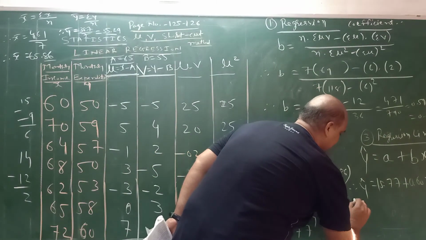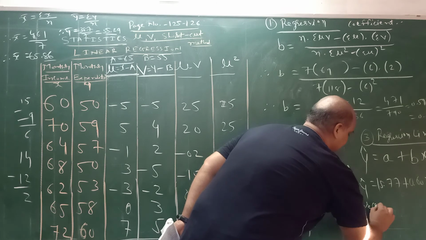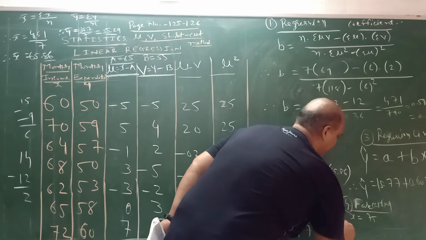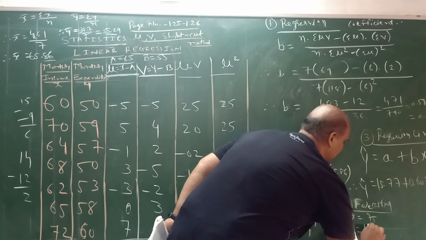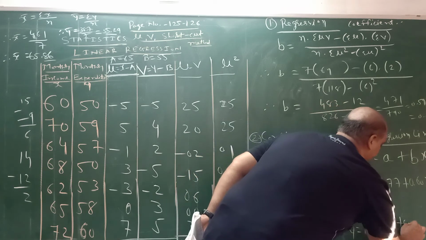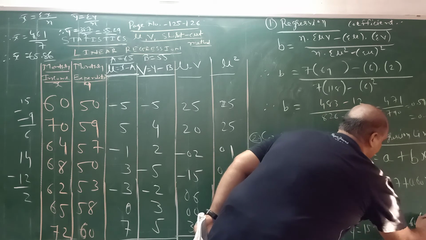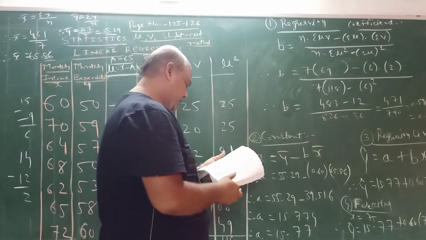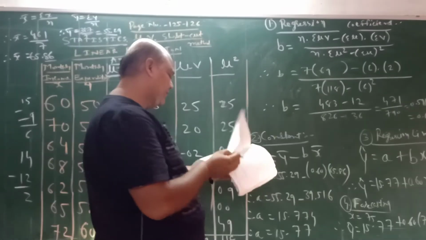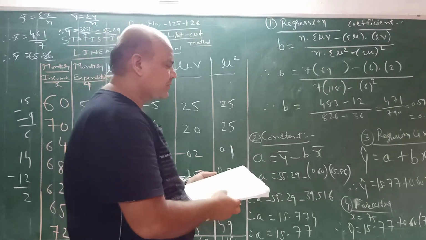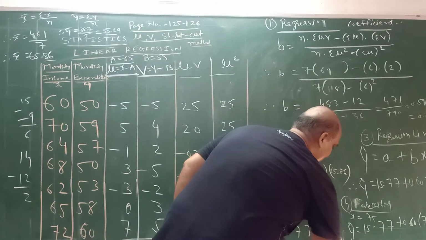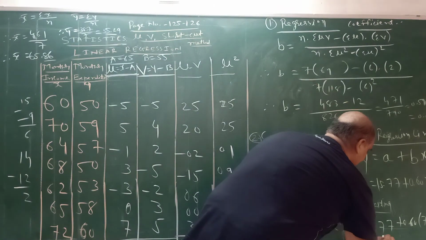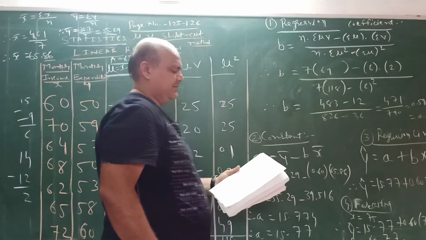My dear friends, our fourth step is forecasting, when x is 75. We have to put the value of x into the regression line. In place of x we put 75. Multiplying 75 with 0.60 and adding 15.77, finally we get 60.77.